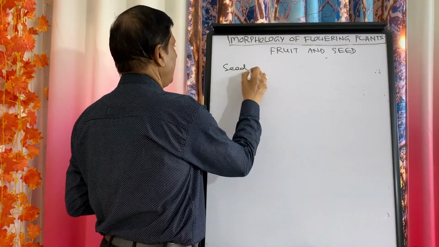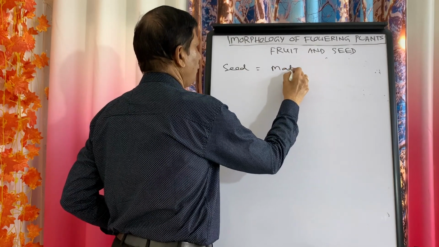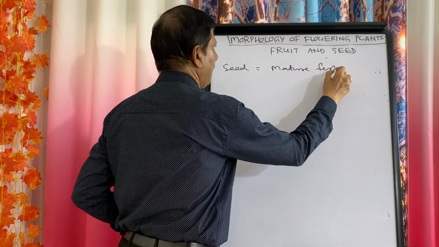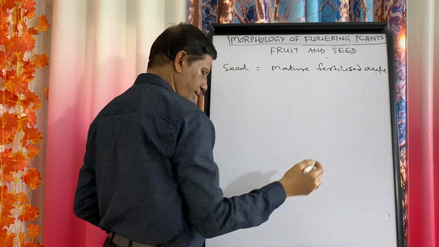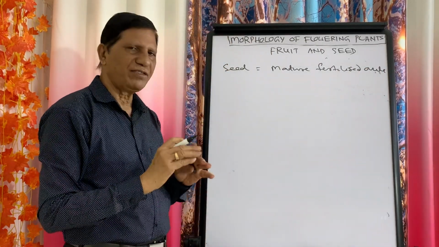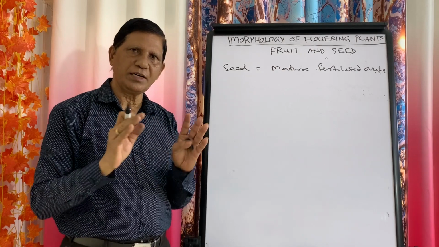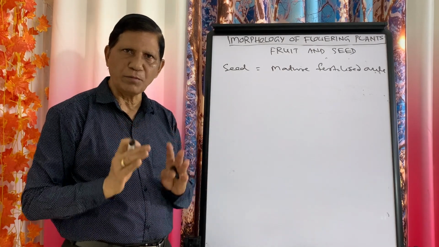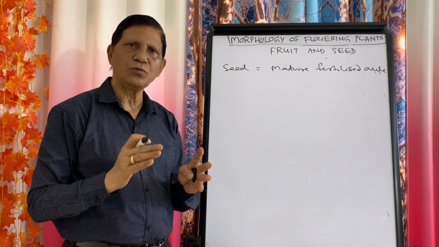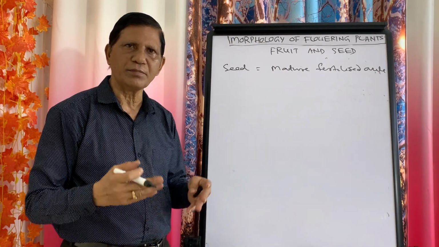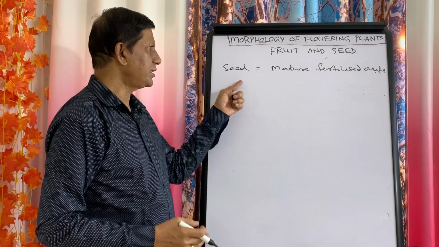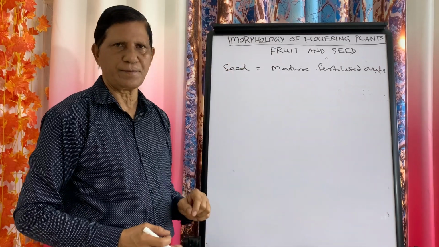That means after fertilization, the ovary is converted to the fruit, and within the ovary there may be one, two, or several ovules, and these ovules are converted to seeds. That is why seeds are mature fertilized ovules.